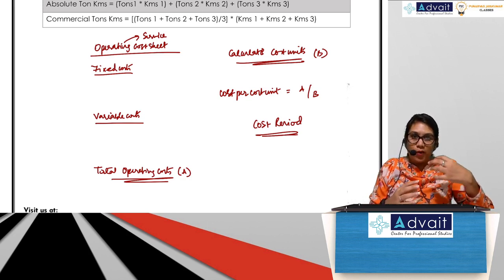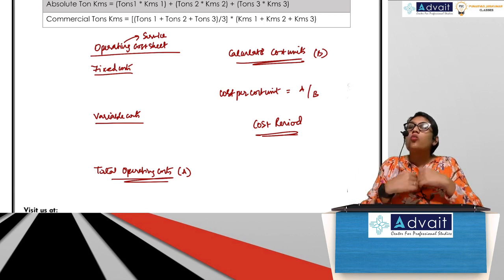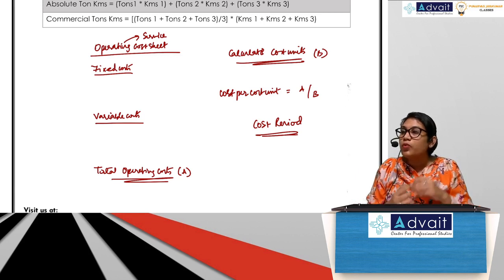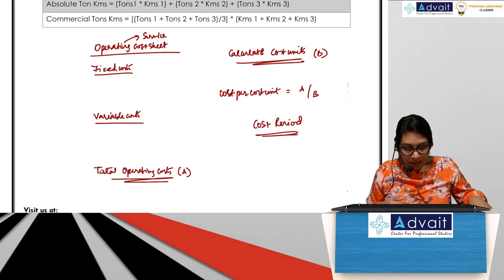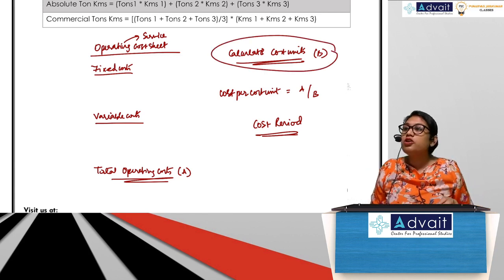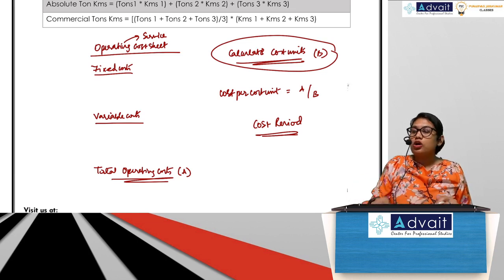Usually when they ask you a question, they should mention for what period they want you to calculate. But suppose they don't mention, then what do you look at to figure out what your cost period will be? Look at what they have given you the cost units for. So if they have given you the cost units for the whole year, then calculate cost for the whole year.